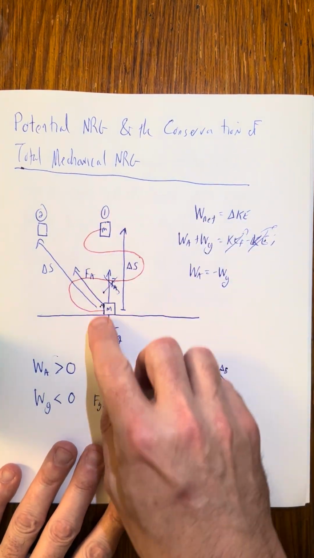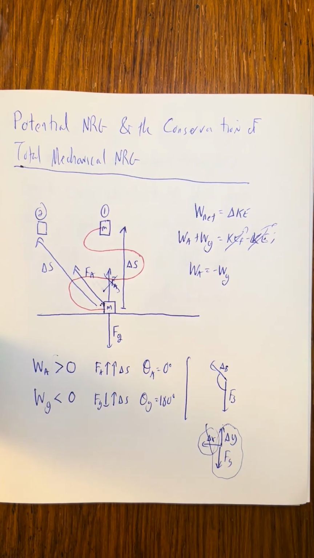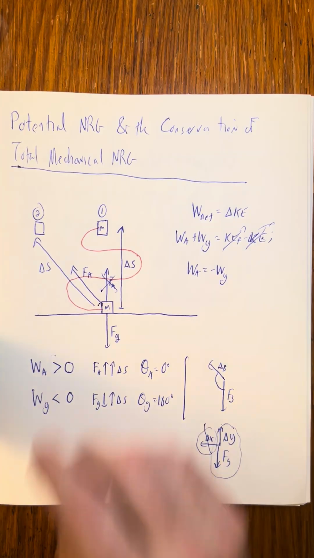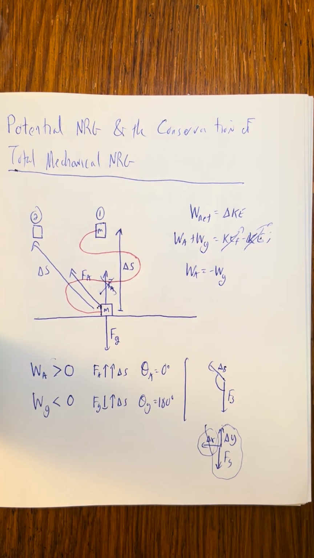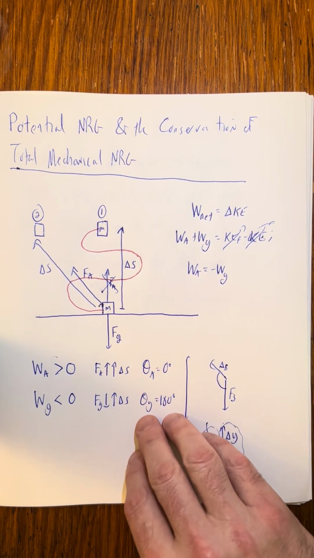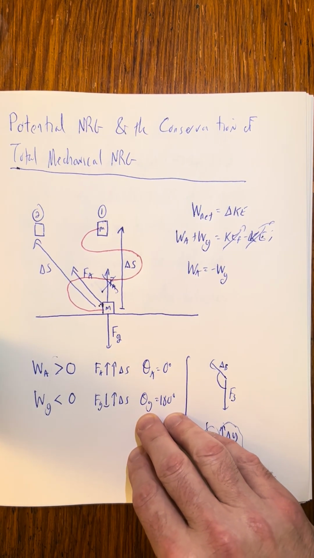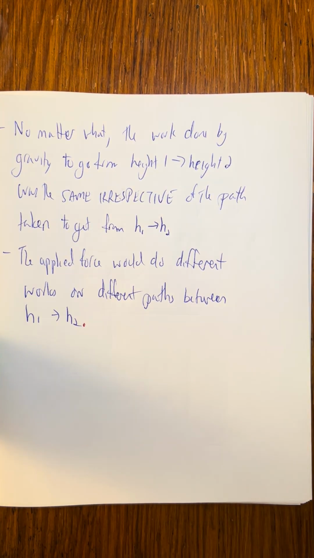So the position itself is important because irrespective of how I get from here to here, it's the same amount of work done. So I can write an equation that talks about that position. Now for the applied force, I can't write an equation for that position, because if I get there by different paths, it takes different amounts of work. So there's nothing special about that location.